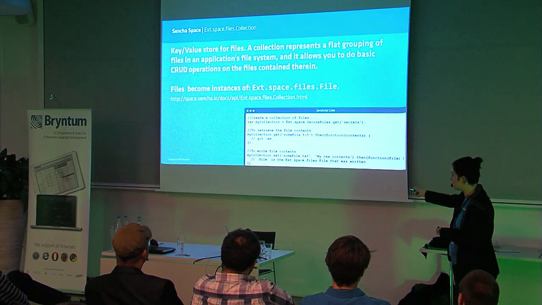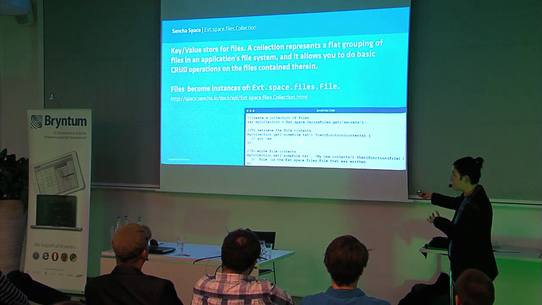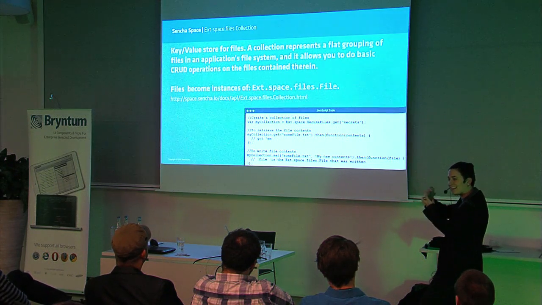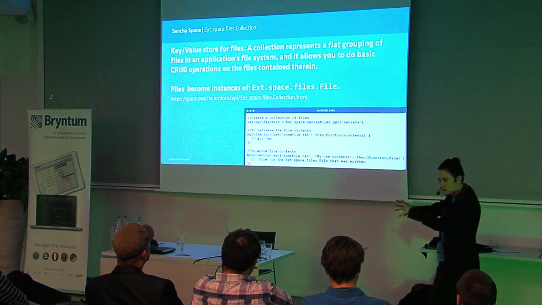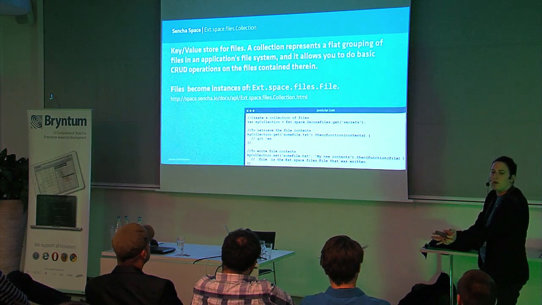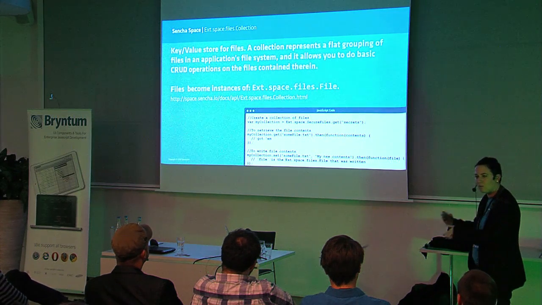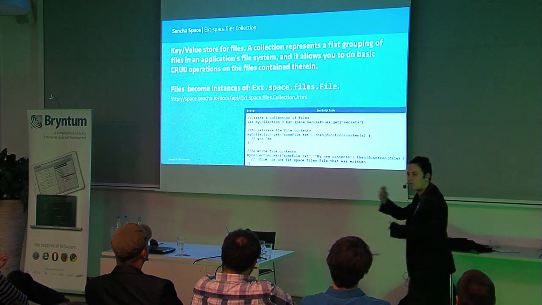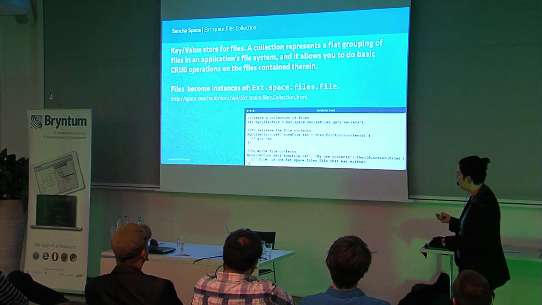So I'm getting access to some text file here, and once I have the file from my file system, I write something in there. So you can get access to files in the file system within Sencha Space. Again, everything happens inside the space. You can write back, you can open, you can count files, you can loop through them, you can just get access to them. These are the files.